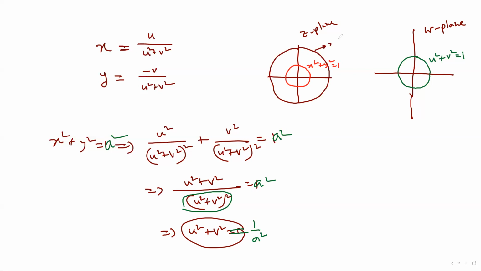which is x square plus y square equals 3 square, then as its image on the w plane, we would get a smaller circle, u square plus v square equals 1 over 3 square. So this is just a special case, a equals 1, where the image under transformation remains invariant.